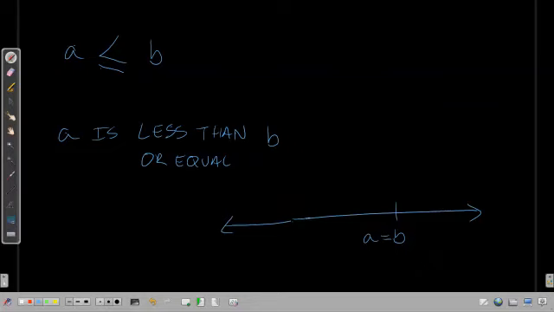If A and B were the same number, and I wrote this down, it would be a true statement. So it just means A is less than B or A is equal to B.